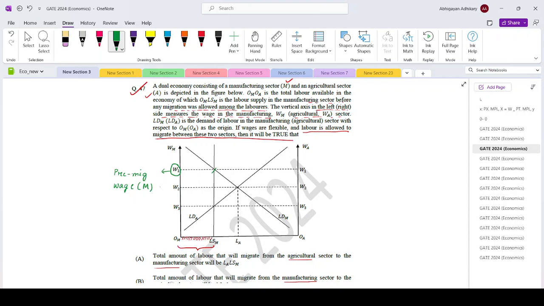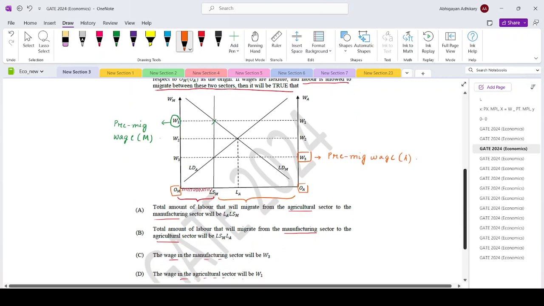So if this is the amount that is present in the manufacturing sector, then given that the total labor supply is OMOA as is mentioned, the remaining amount is present in the agricultural sector. So given this is the labor supply in the agricultural sector, this is the pre-migration wage in the agricultural sector, right?